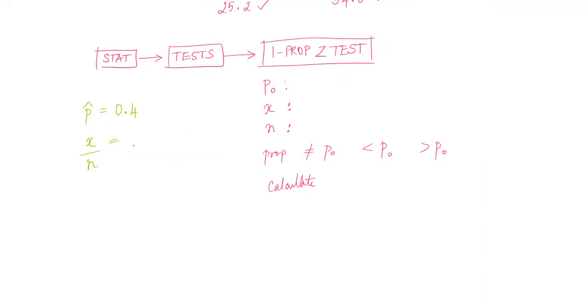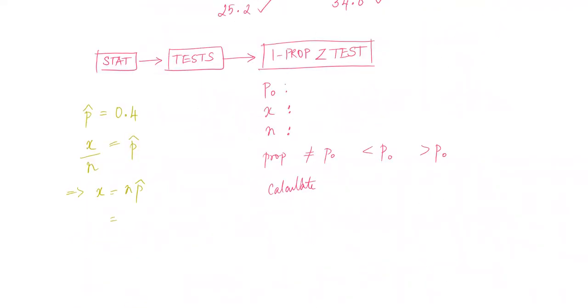X over n is your p hat, which implies x is n times p hat. So n is 60. p hat is 0.4. So multiply that to get 24.